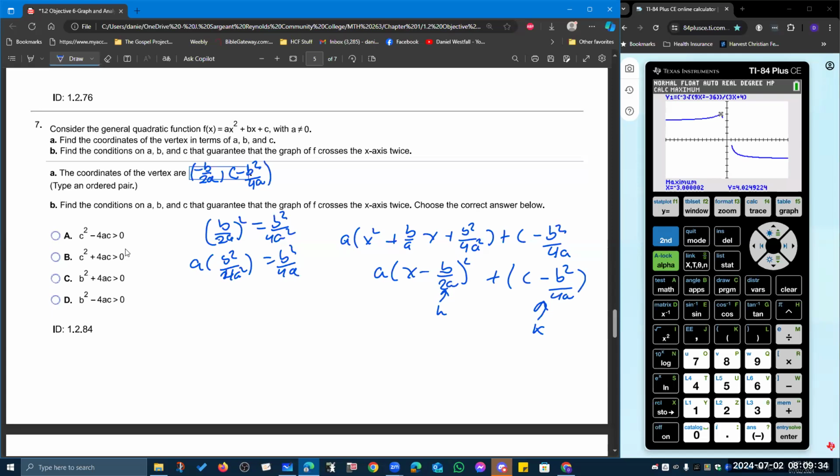I did not make a common denominator there. You can do that if you want to. That would be 4ac minus b squared over 4a if you would like to write it that way. And you might see where the 4ac in the quadratic formula comes from, the b squared minus 4ac.